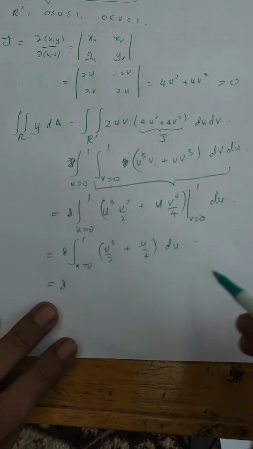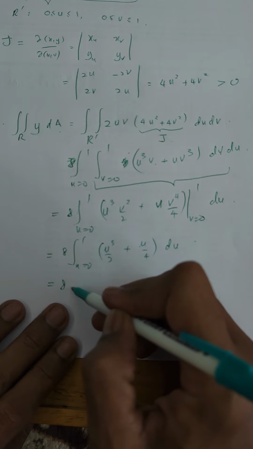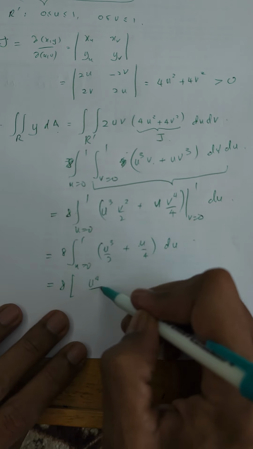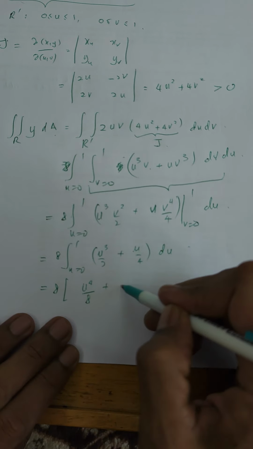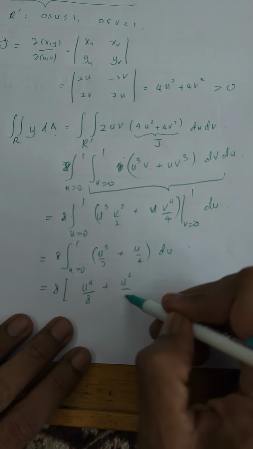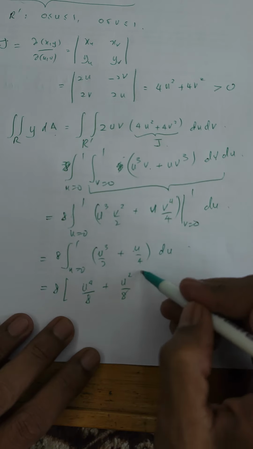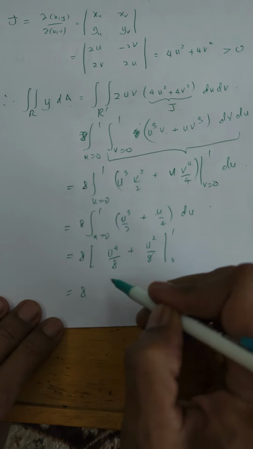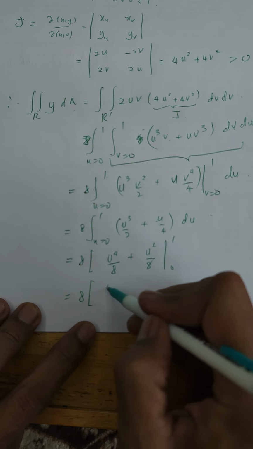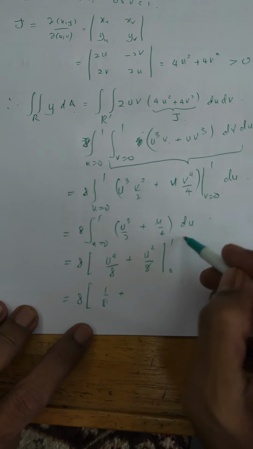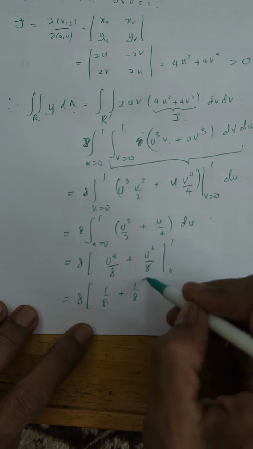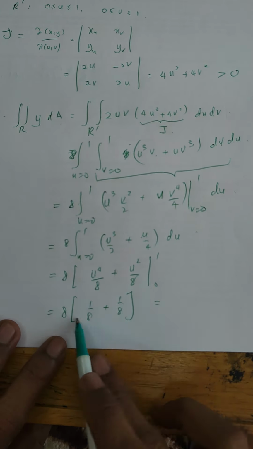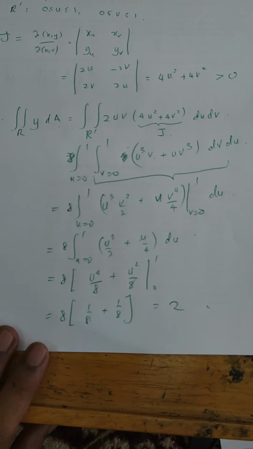We have 8 times u to the 4 over 8 plus u squared over 8 from 0 to 1. That gives you 8 times 1 over 8 plus 1 over 8. So your answer is 16 over 8, you should get 2.